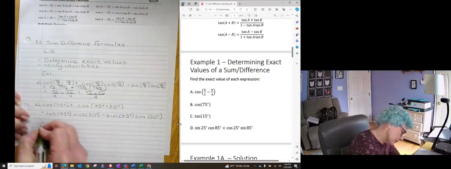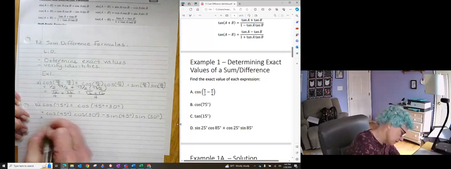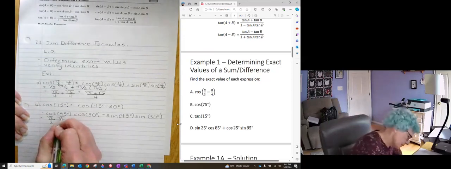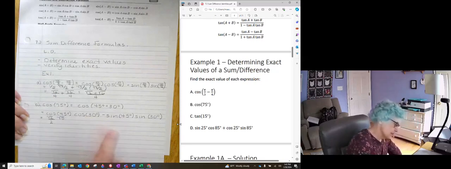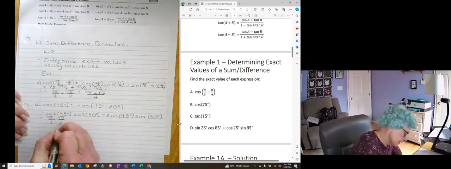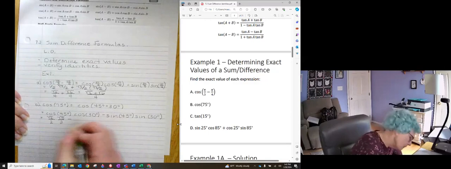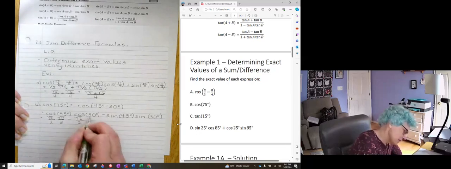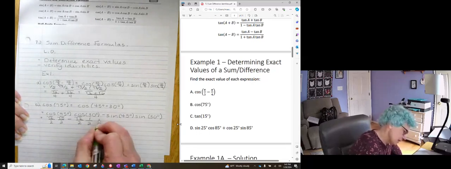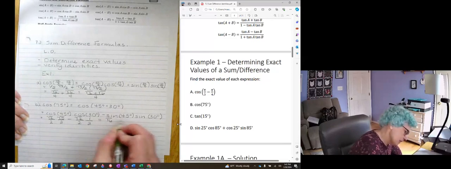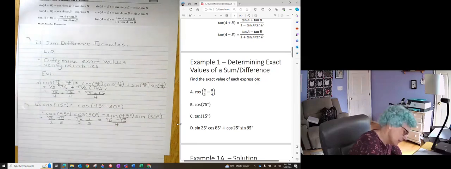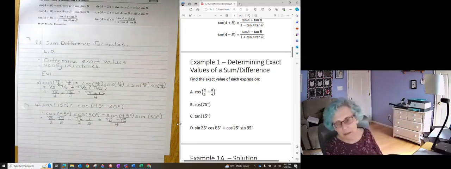So cosine of 45 degrees is square root of 2 over 2. This one is square root of 3 over 2, because 30 degrees is the same as pi over 6. Sine of 45 degrees, square root of 2 over 2, and sine of 30 degrees is 1/2. So this time we get square root of 6 minus square root of 2, and I'm going to go ahead and combine it into one unit because we have a common denominator already.